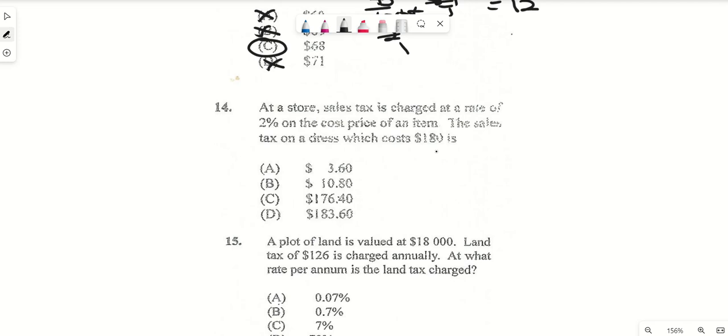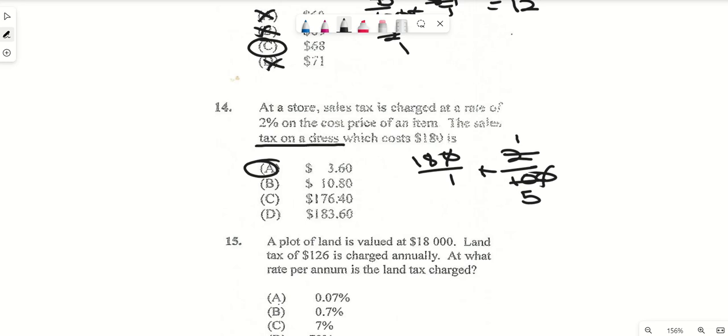So that's 180 over 1 multiplied by 2 over 100. Cross out the zeros. 2 goes into 2, 1, 2 goes into 5, and so on. Then 18 divided by 5, the answer is A. You don't even need to divide that out. You know 5 goes into 18 3 times, so you look for the one with 3. They ask you for the tax on the dress, not the cost of the dress with tax.